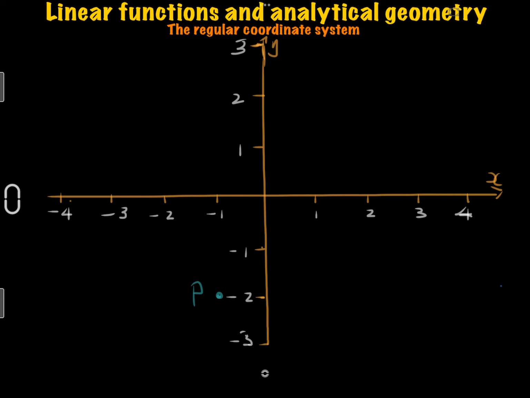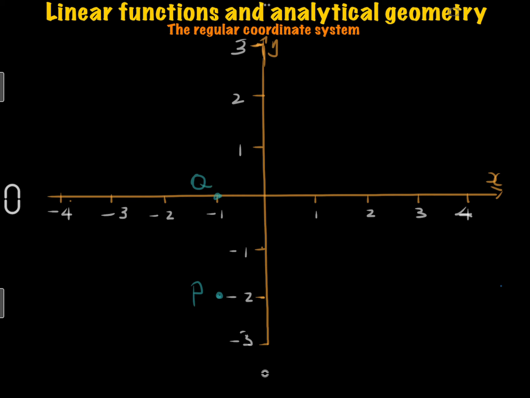So let's look at the next point. Q now is -1 by 0. So this is our point. So this is Q. Okay, now it becomes clear.